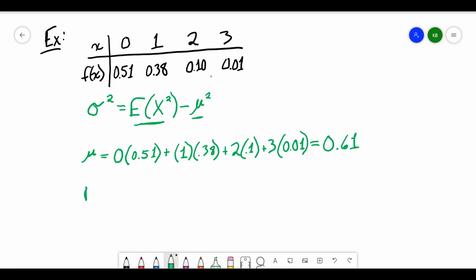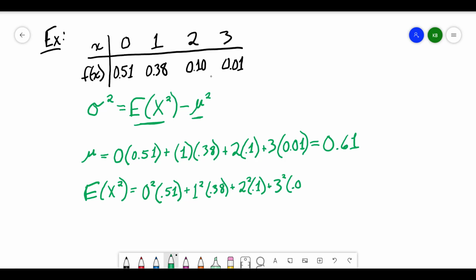Now we can find the expected value of our random variable squared by squaring the values, so we have 0 squared, and multiplying by our probability distribution value at that point. So we have 0 squared times 0.51, plus we have 1 squared times 0.38, plus we have 2 squared times 0.1, plus 3 squared times 0.01.